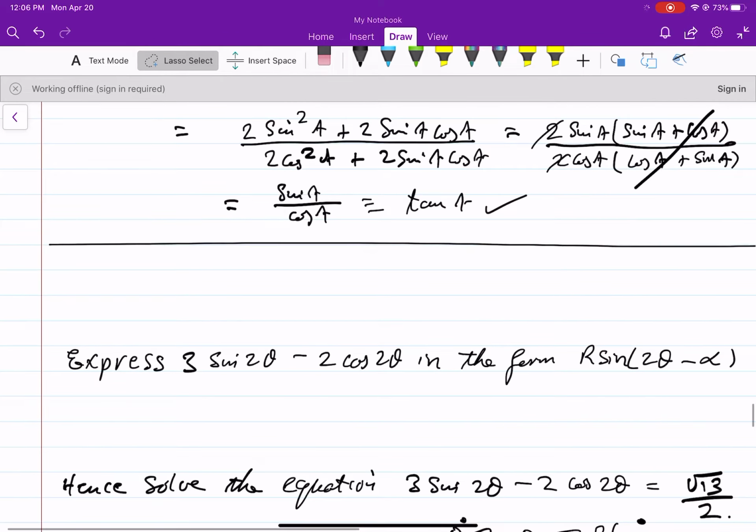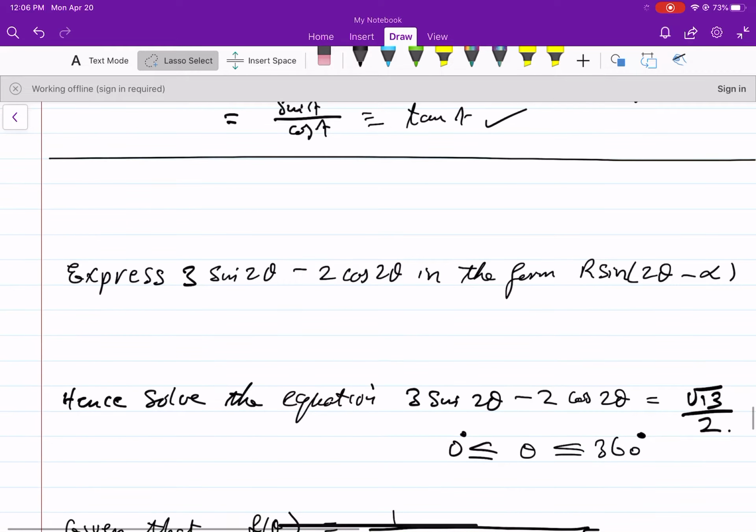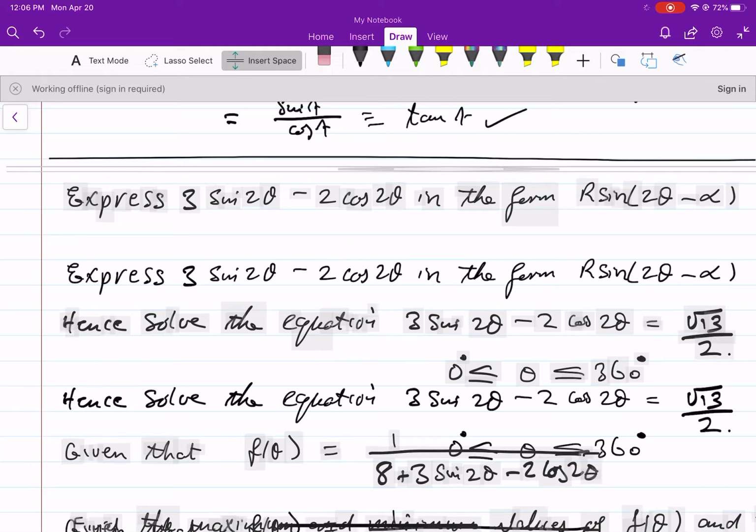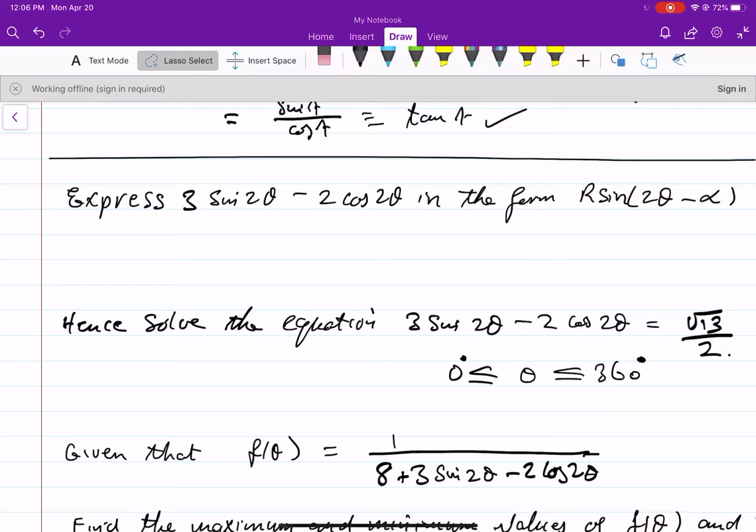So the first part says they want you to re-express 3 sine 2 theta minus 2 cos 2 theta in the form r sine of 2 theta minus alpha. Okay, that should not be difficult. We've done this before. And if we've done it before, we can do it again. There.